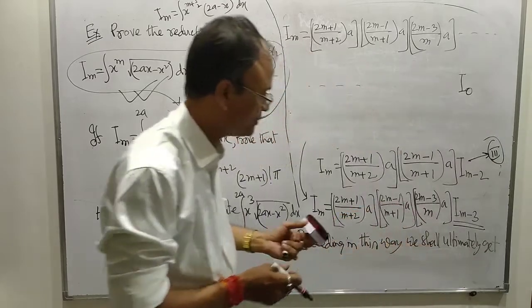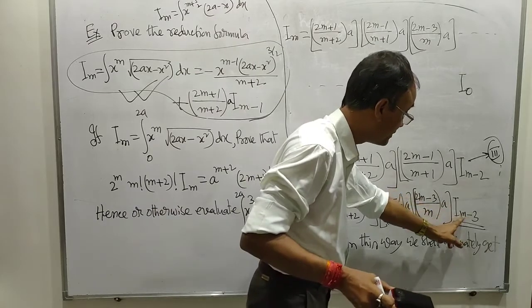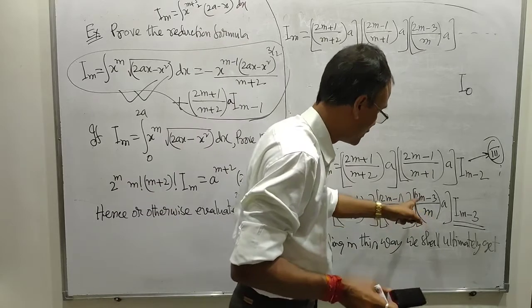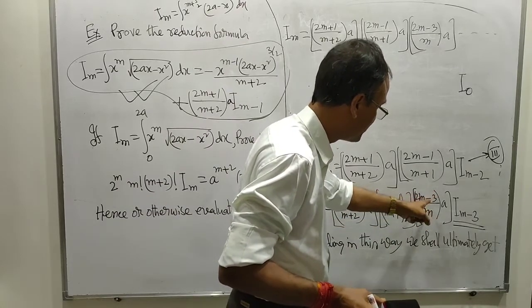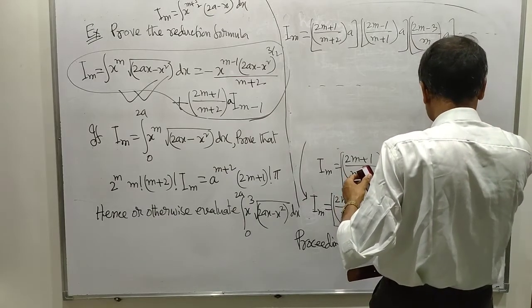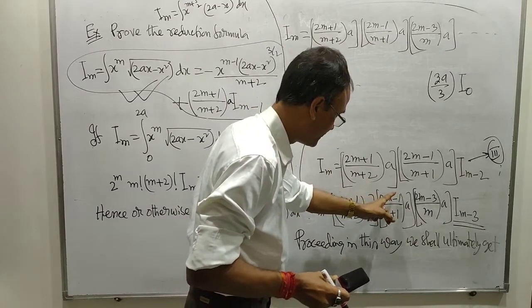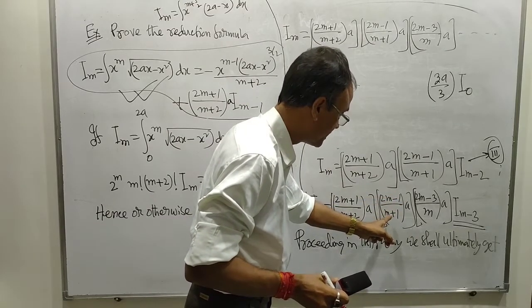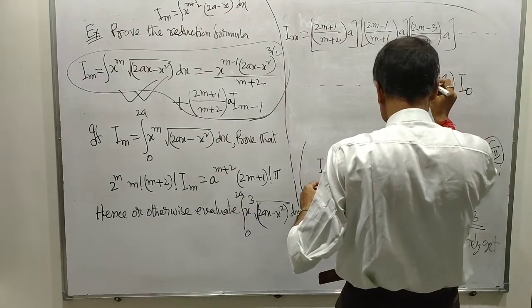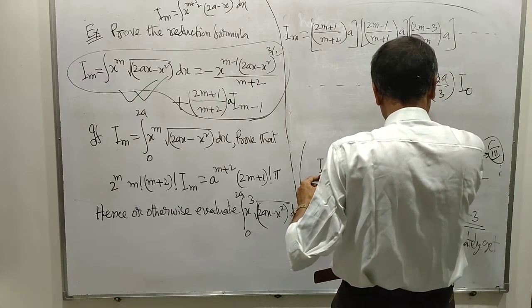If you get I_0, then m equal to 3 you will have to put here also. 2 into 3 minus 3, 6 minus 3 means 3, divided by 3, a. For m equal to 3, 6 minus 1, 5a divided by 4.